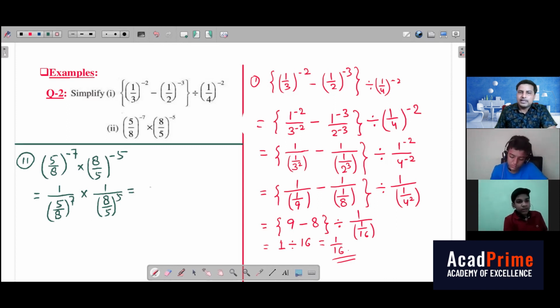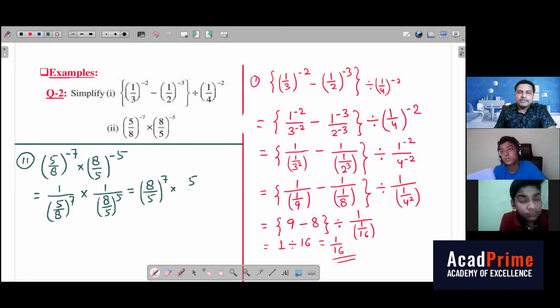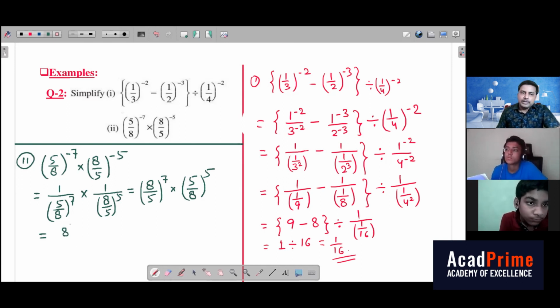Now, this can be written as 8 divided by 5 raised to the power 7, into 5 by 8 raised to the power 5. Now we just split all, then it can be 8 raised to the power 7 divided by 5 raised to the power 7, into 5 raised to the power 5 and 8 raised to the power 5, right?